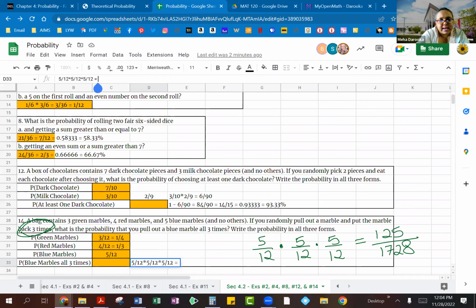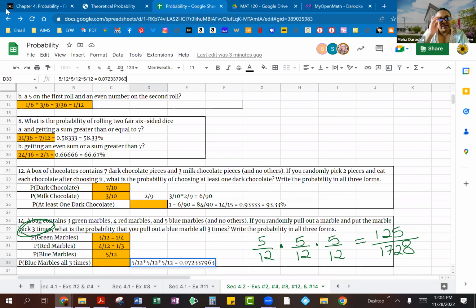And then let's see as a decimal, what will this look like? And looks like, Sabrina, you already have your decimal answer in there. Very nice. So this is going to be 0.072337963.